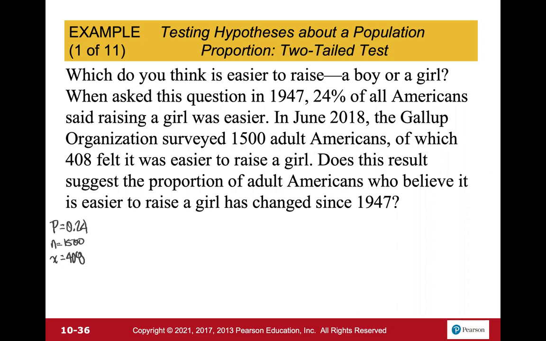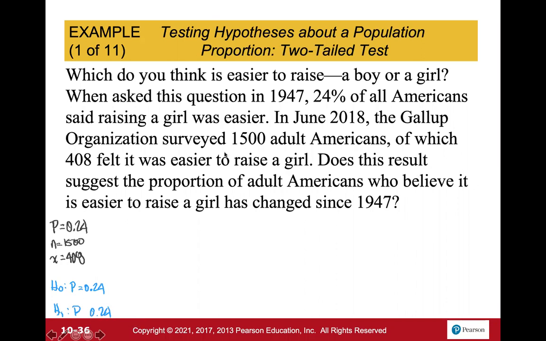But from here, let's get our null and our alternative hypothesis. So here we have H0 and H1. Here we have the proportion is equal to 0.24, and we have the proportion something 0.24. Now let's look over here.